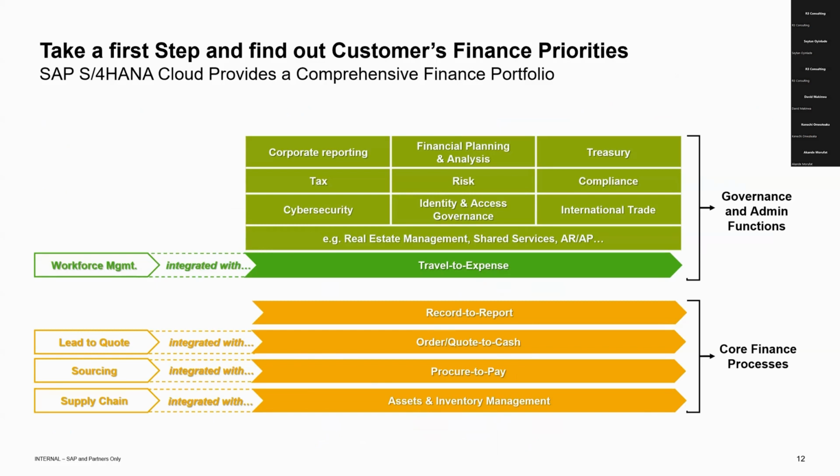Then when we look at the financial operations, like record to report, order to cash, procure to pay, assets, and inventory management, there is complete integration with all of this: workforce management, the sales process, the sourcing process, and supply chain management.